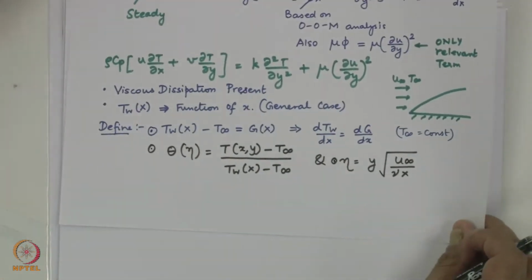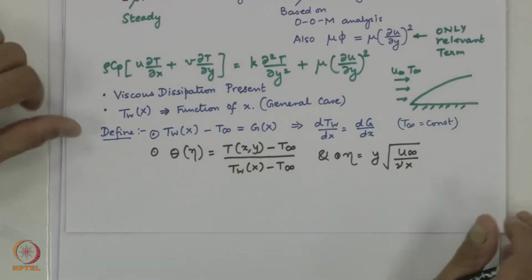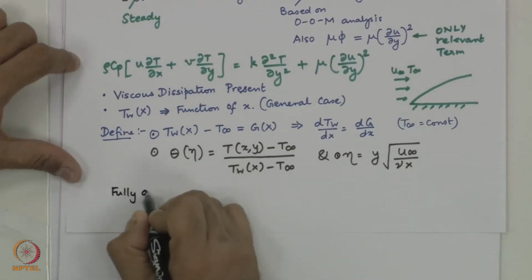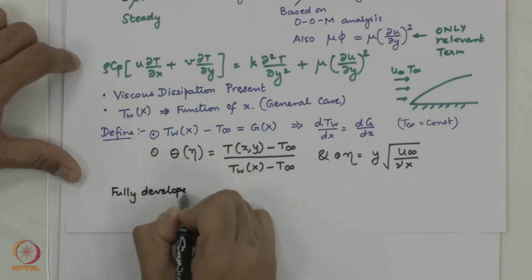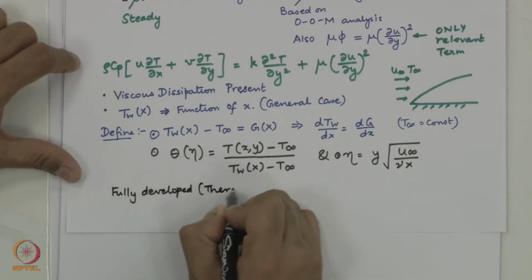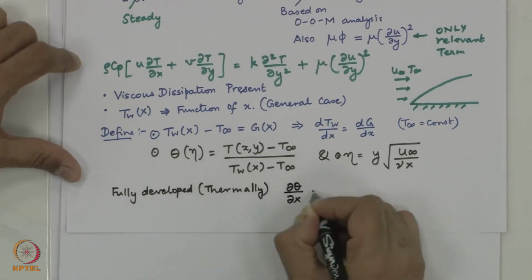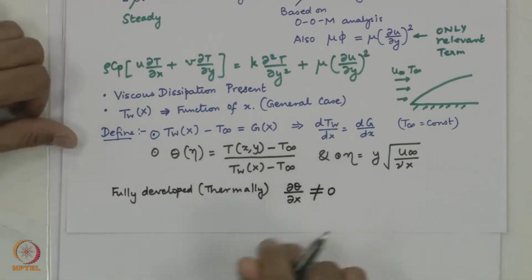In case of external flow, say for flow over a flat plate, we have seen that thermally fully developed does not mean d theta by dx is equal to 0.